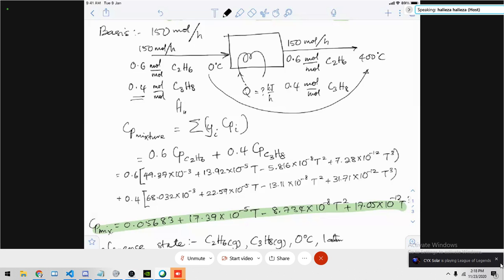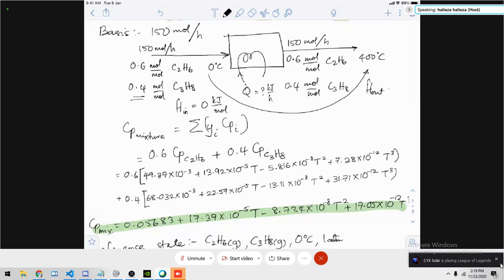So this is in and this is out. So what is the enthalpy of your inlet stream, guys? 0. Yes, because it's at the reference state. Because you choose your inlet as your reference state, so automatically that enthalpy is going to be 0.